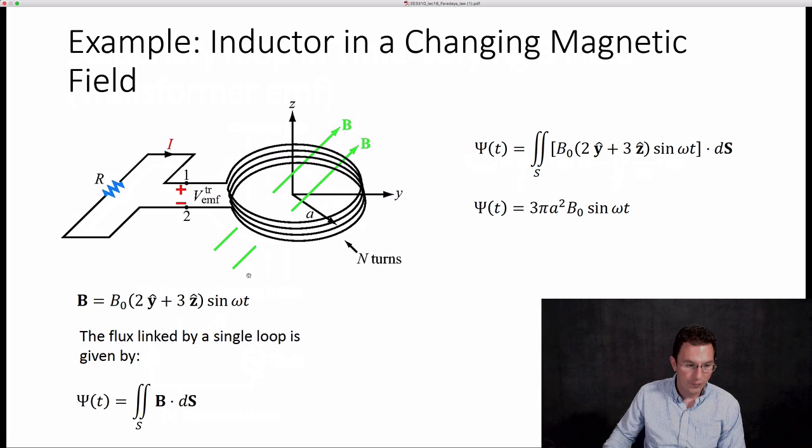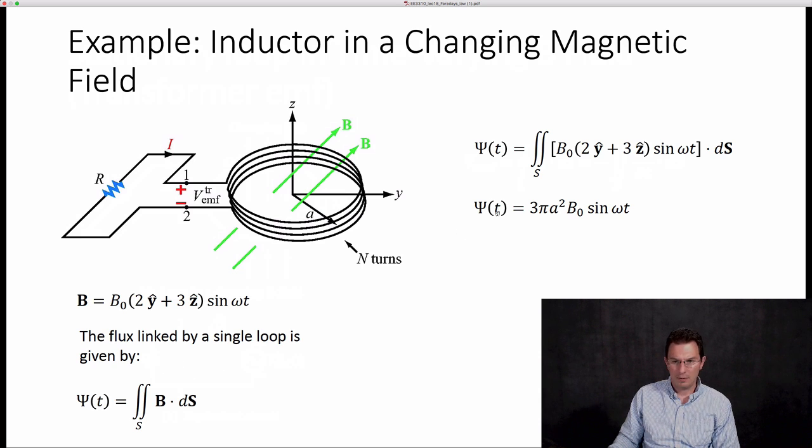So let's first find the flux of B through a single loop. That shouldn't be too hard, because while the magnetic field varies temporally, sinusoidally, it does not vary spatially. It's uniform throughout space. That's going to make computing this integral fairly easy.